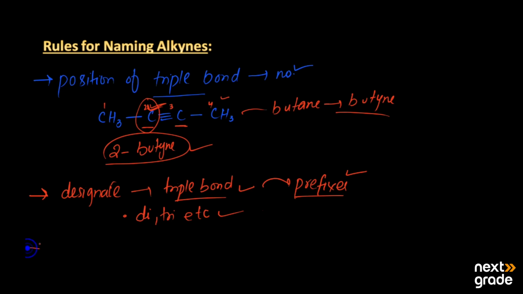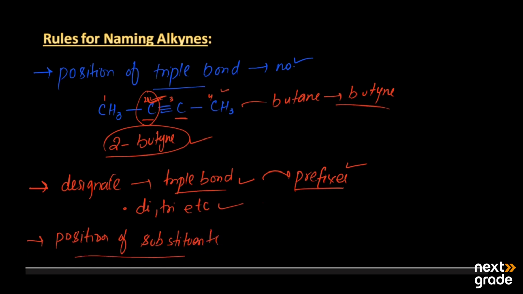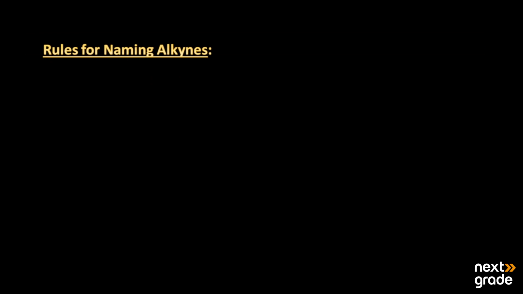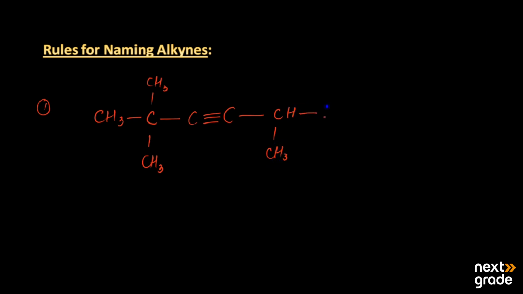After that we have to indicate the position of the substituents. Now what are substituents? Let's have an example related to the alkynes. Suppose we have a compound where CH3 and CH3 are substituents, then the next carbon has the triple bond, then we have CH, and there are also substituents on this carbon.